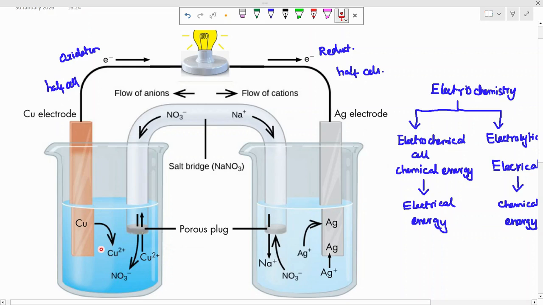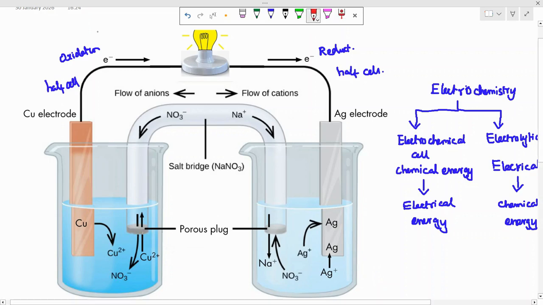The electrons are transferred from the copper part to the Ag part, and the Ag electrode accepts those electrons, and then Ag+ is converted into Ag. Here the reduction happened, and there the oxidation happened.